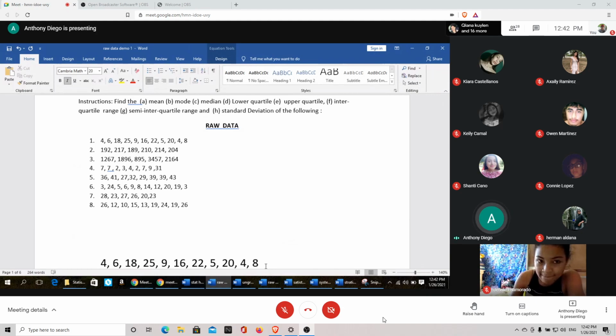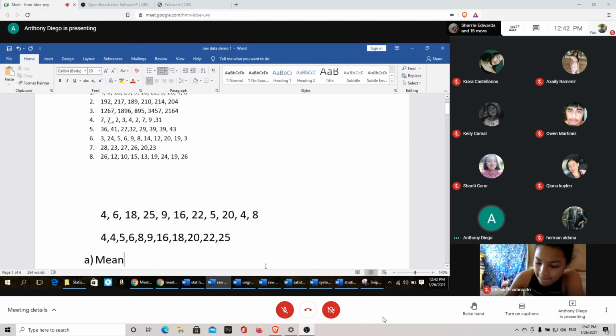We should rearrange them in ascending order of size, starting from the smallest to the largest. And I have done this already with the other class, so I won't be doing the work all over again. So I'm just going to explain. We rearrange them in order of ascending size.